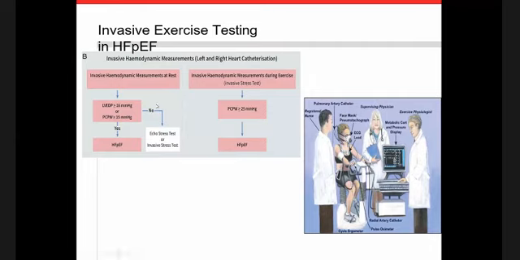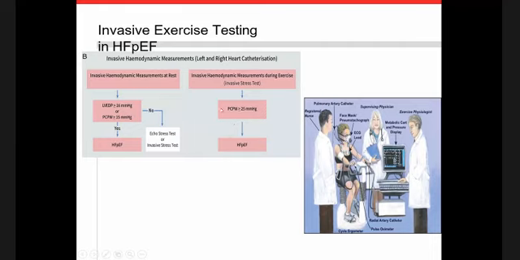And you can similarly use invasive monitoring and make the person exercise. If you don't want to make the person exercise, sometimes you can infuse around 500 ml of normal saline over half an hour and get similar findings, where the LV end diastolic pressure or the pulmonary capillary wedge pressure increases, and there is pulmonary hypertension.